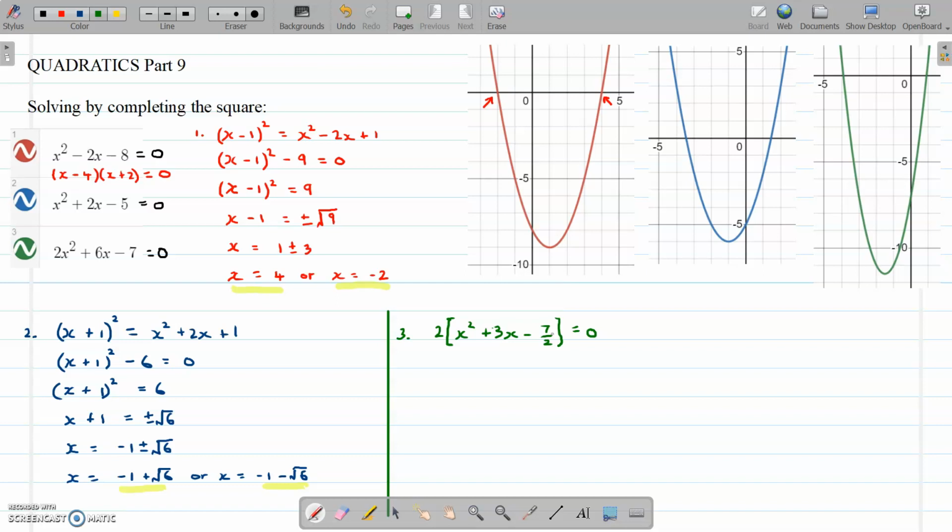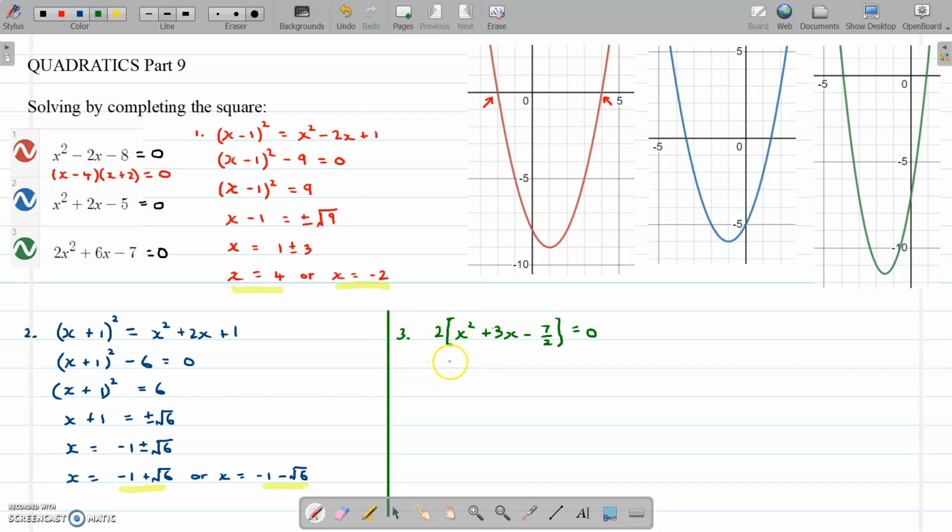The thing to be aware of though is if you take away the 2, the information that you get about the minimum point on the curve, you lose some of that, because the factor of 2 would affect this number at the end here. But if you're just solving the equation, it's fine.